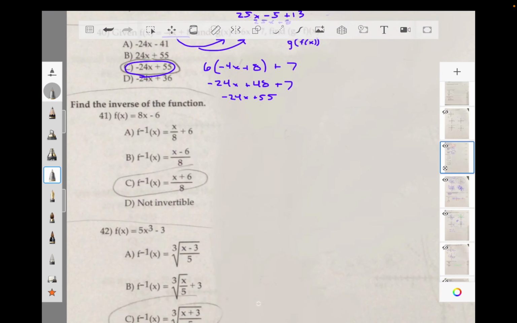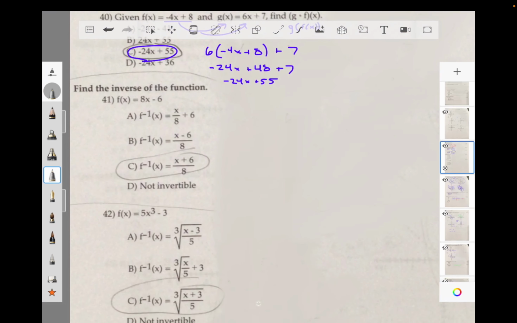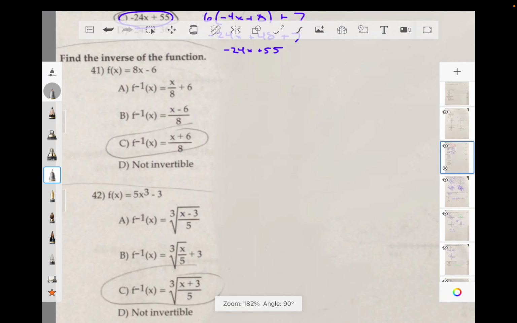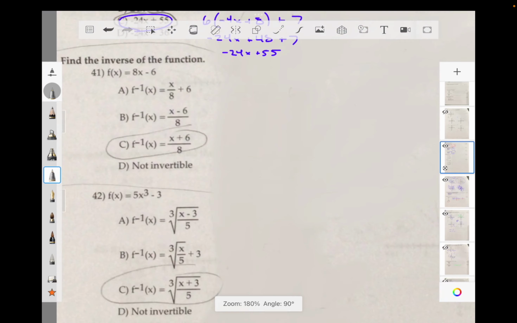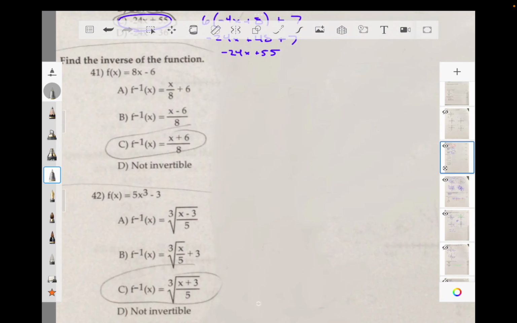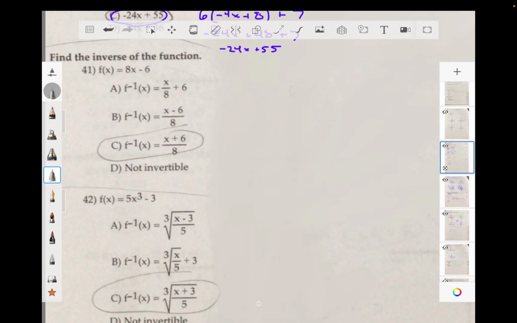Find the inverse of the function. The inverse is just the reciprocal. So 8x minus 6 is, I guess, that would be it? Why does that seem wrong to me?